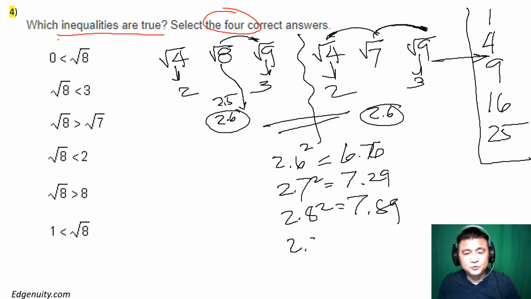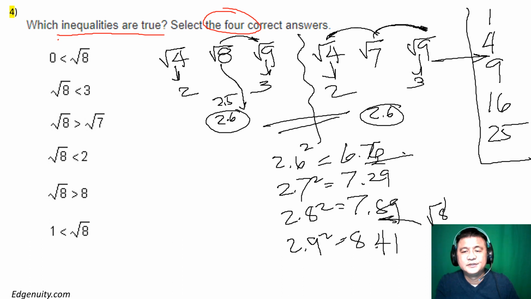Let's try the next one. 2.9 squared is 8.41. So where is 8? Square root of 8 is over there, and the square root of 7 would be nearer here.